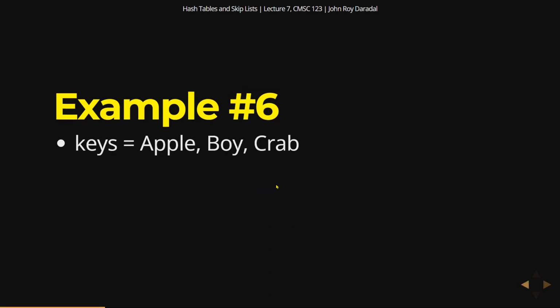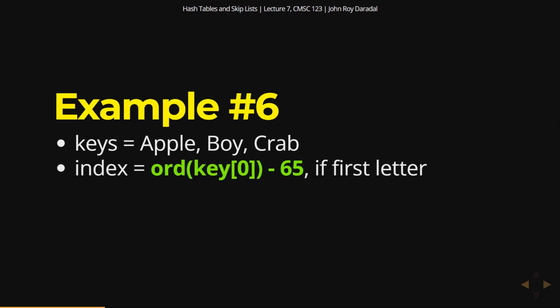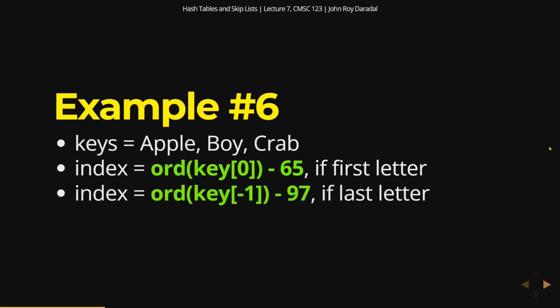So for example, if your keys are Apple, Boy, and Crab, we can use this transformation. The ord of key[0], which means the first character or first letter, and then minus 65 because we know that it's in uppercase.